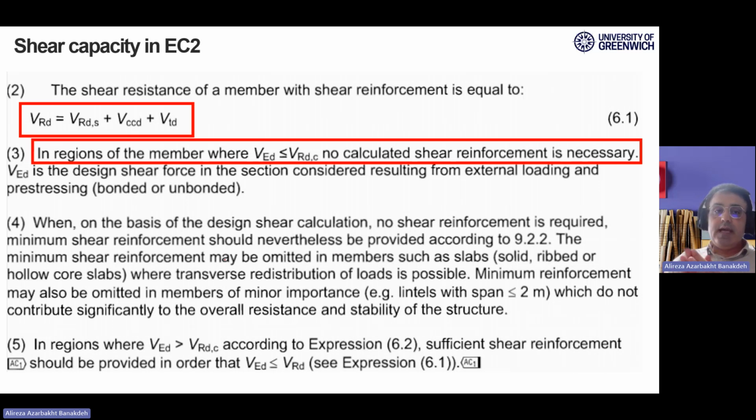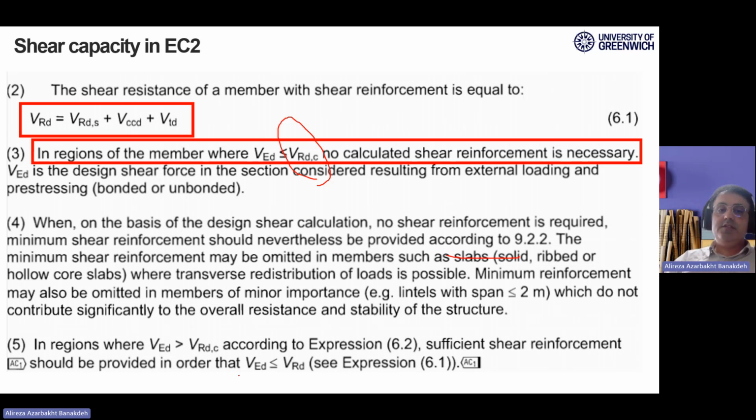Although, in some regions, in some members, the resultant shear force from structural analysis is still less than this value, VRDC. V stands for shear force, R means resistance, D means design, and C means concrete. So this is the resistant shear force from the concrete.